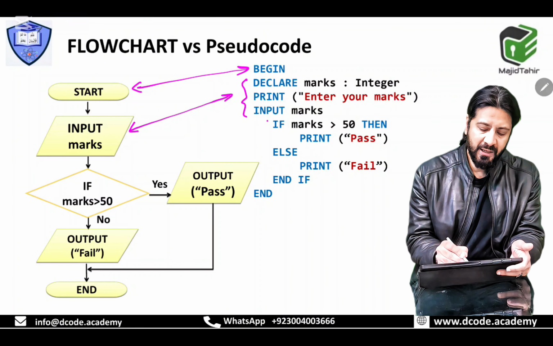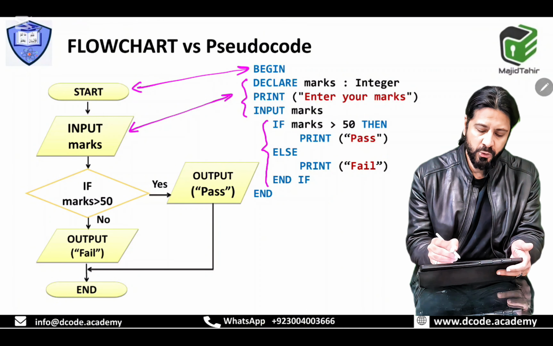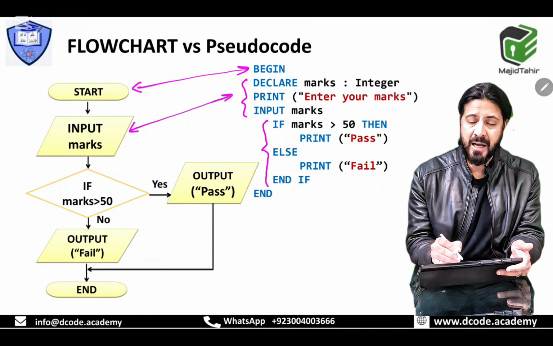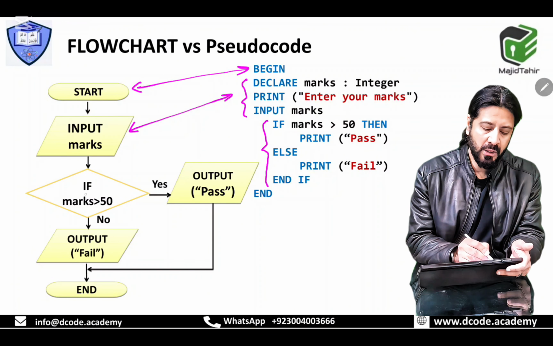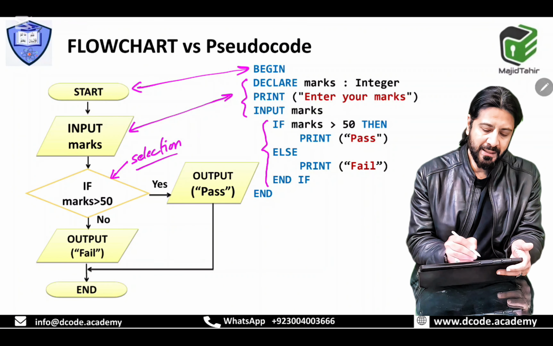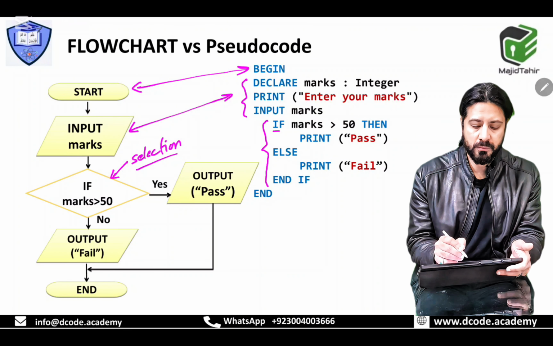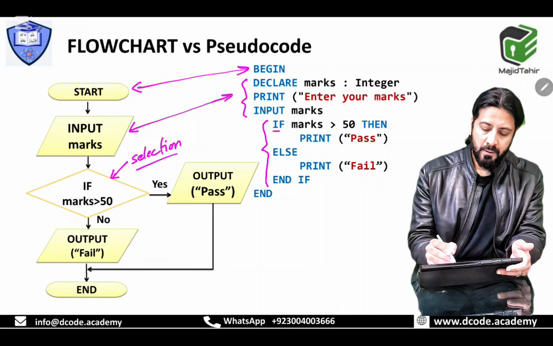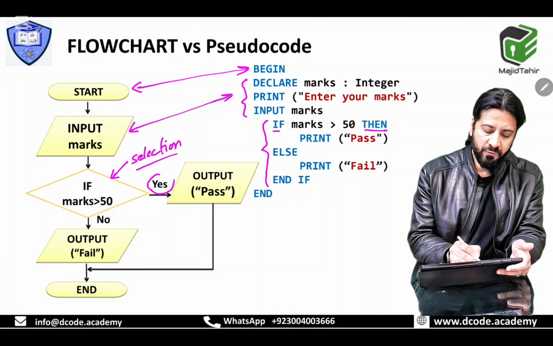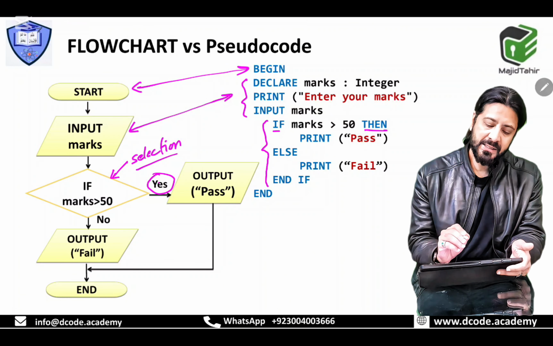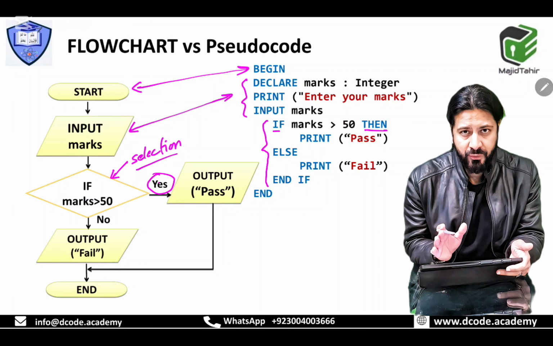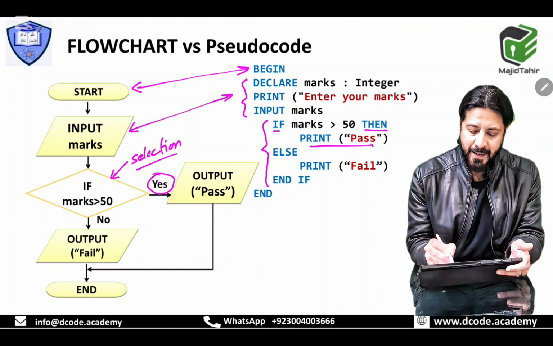So this is the if condition. If marks are greater than 50, then print pass. Now this symbol for selection tells that we are talking about if. Then is the portion of yes. If marks are greater than 50, then it will display pass.